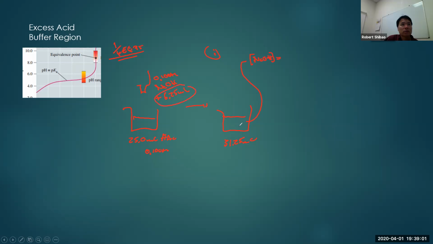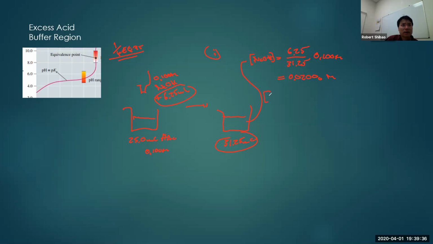It's a 6 1/4 to 31 1/4 dilution, and the original concentration was 0.100 molar. So the new concentration of sodium hydroxide is 6.25 divided by 31.25 times 0.1, and this comes out to 0.0200 molar. We're allowed 3 sig figs, so carry 1 extra.